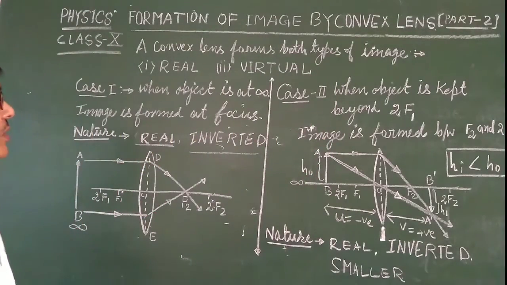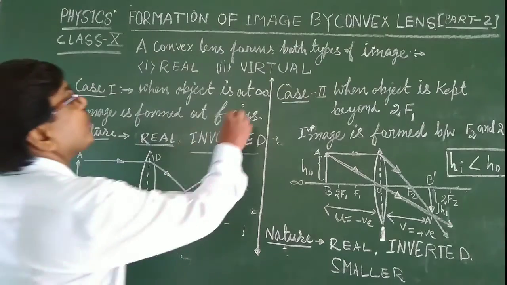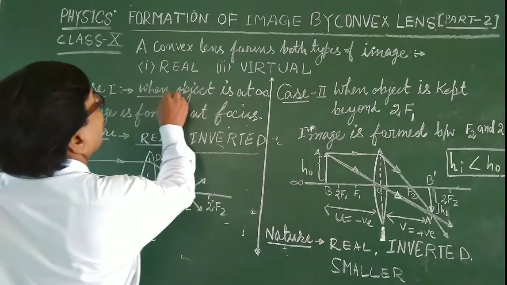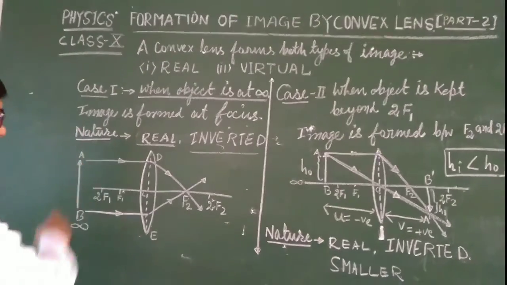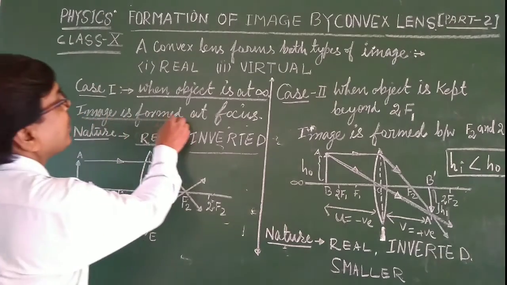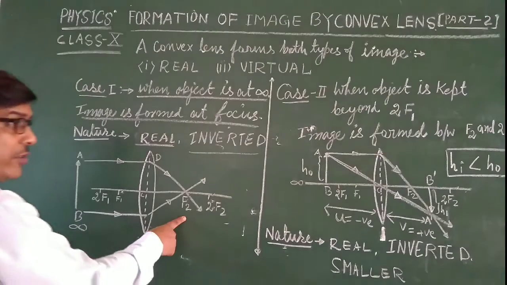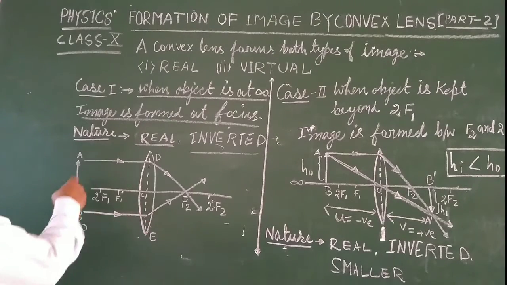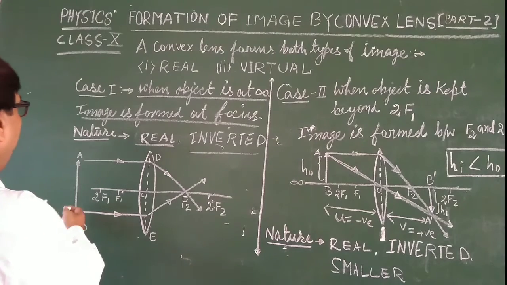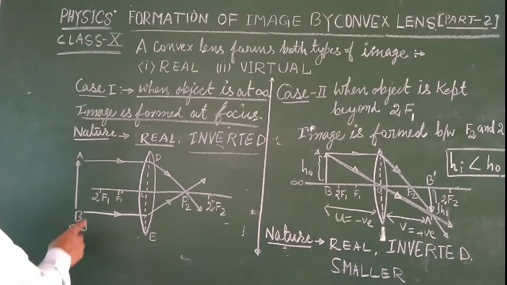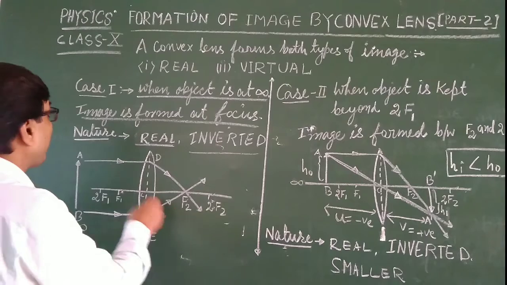When the object is kept at infinity, its image is formed at focus after the refraction. So AB is the object which is kept at infinity, whose image is formed at F2.